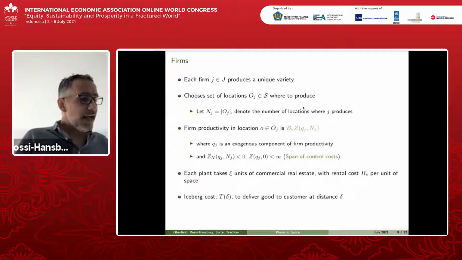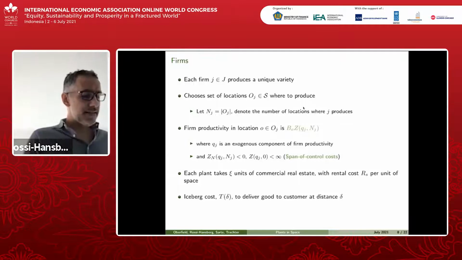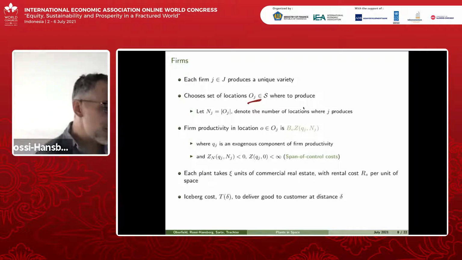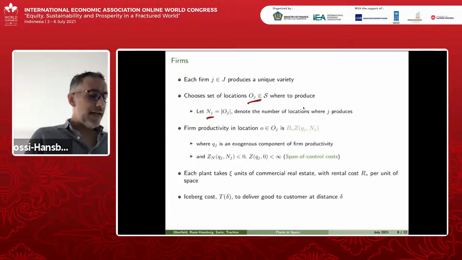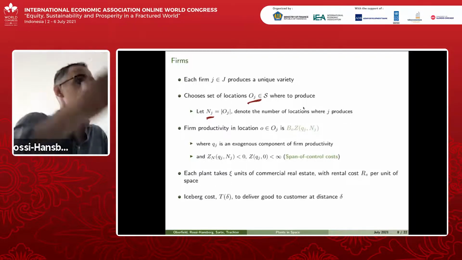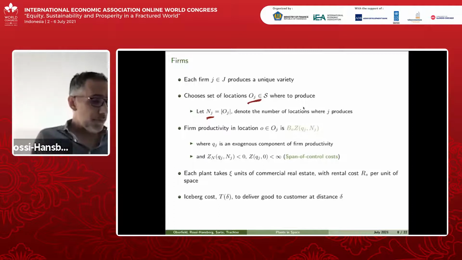Firms are going to produce a particular variety that I'm going to denote by J. And the problem of the firm then is to set up plants in the different locations in that unit square, and the set of choices of what locations to set up plants in, I'm going to denote by O_J. So O_J is that decision of where exactly to locate plants, and N_J then is the number of plants that the firm sets. O_J is exactly where, and N_J is the measure in some sense of that set, which is the number of plants.